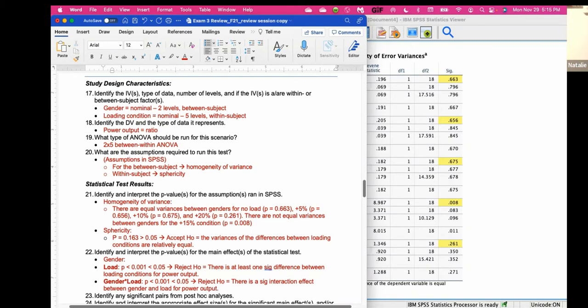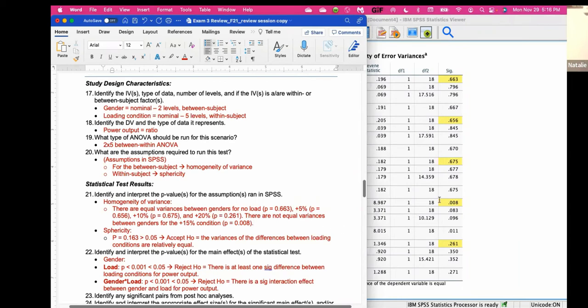So for the most part, the ANOVAs that we run, or the actual calculations that are run in SPSS, should be robust enough to counteract the violation. So usually if you have a majority of your variables that have met your assumption, it's okay to proceed. But it's kind of like a proceed with caution.